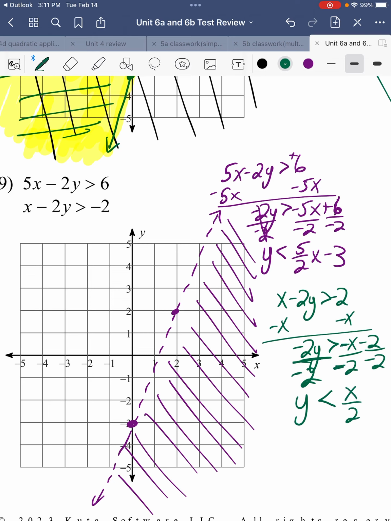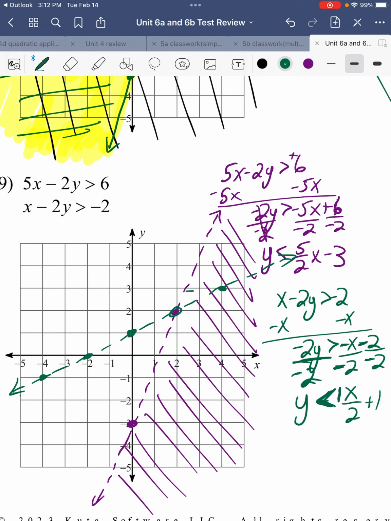Negative divided by negative is going to be a positive. 2 divided by 2 is 1. And the fraction that you're going to use for slope is 1/2. So we have 1 as your y-intercept, and then up 1, right 2, or down 1, left 2. And then it's, again, not equal to, so it's going to be a dashed line again.